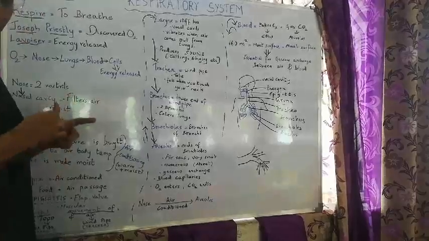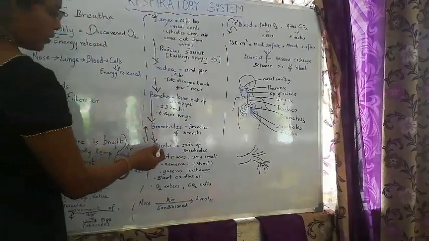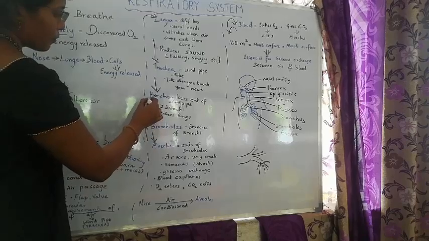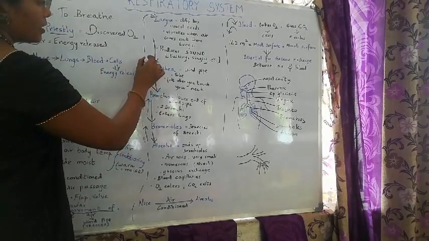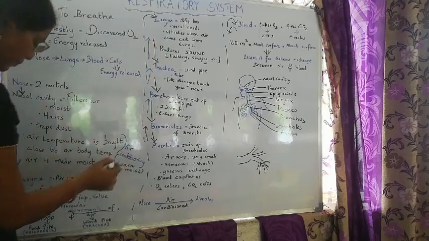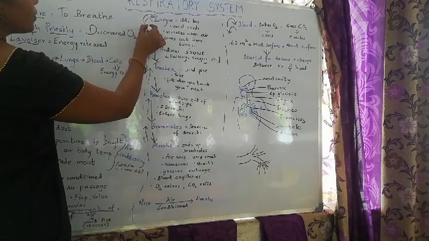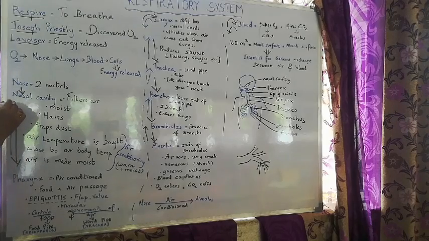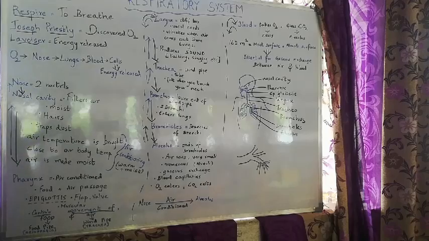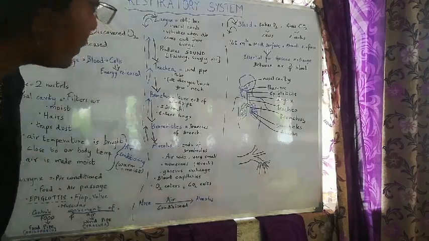I will show it with a different color: alveolus to bronchioles, bronchioles to bronchus, bronchus to trachea, trachea to larynx, larynx to pharynx, pharynx to nasal cavity, nasal cavity to nose, and from the nostrils CO2 comes out. So this is the basic pathway.